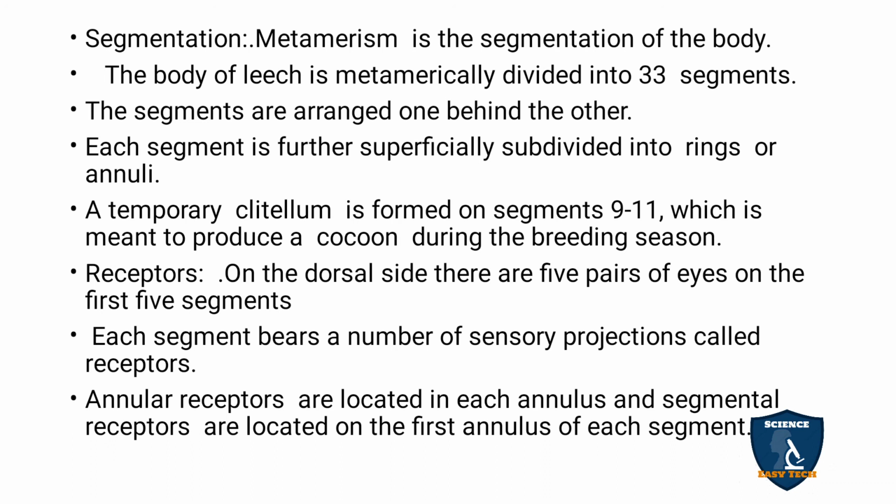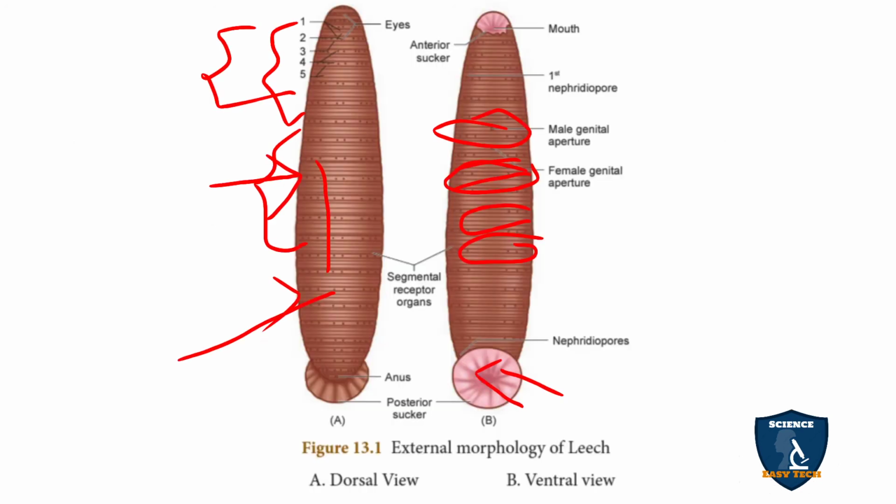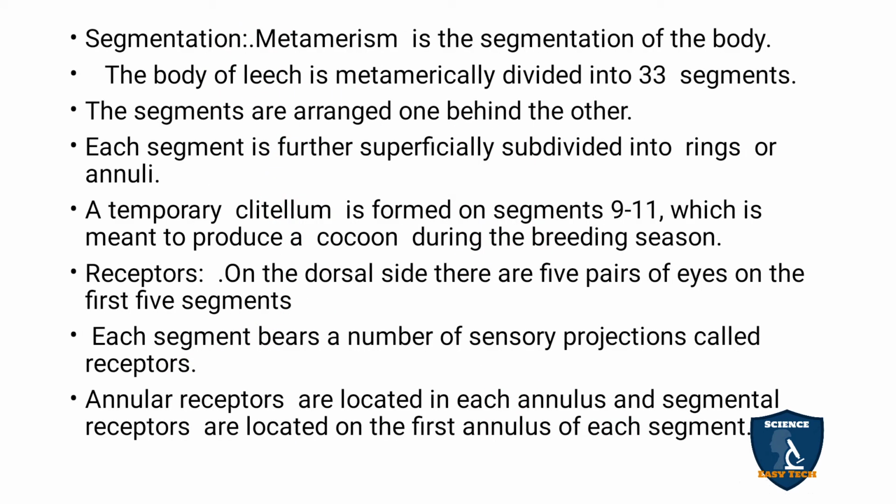Annular receptors are located in each annulus and segmented receptors are located in the first annulus of each segment. The annular receptor is seen in the circular portion, and the segmented receptor is located in the first annulus of each segment.